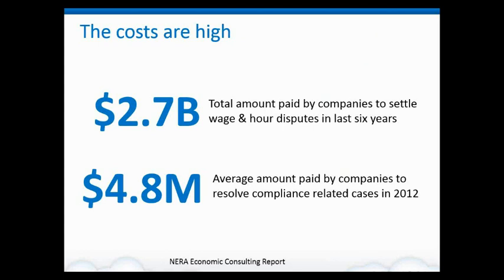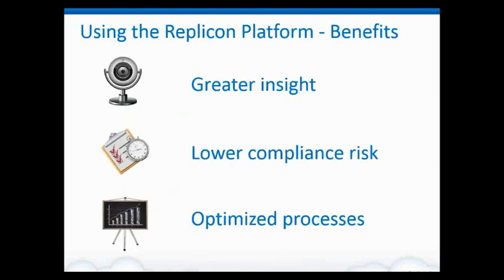As per a report by a third-party consulting group, in the last 6 years itself, companies have paid a whopping $2.7 billion to settle wage and hour disputes. And the average fine paid to resolve litigations has been a huge $4.8 million. These are actual hard dollars, and we are not even talking about the loss of credibility and goodwill for organizations.